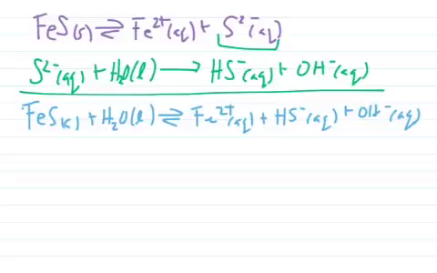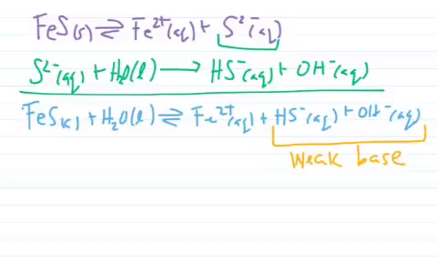So because we have two anions that both came from water, which was a weak acid, these are weak bases. That means by the definition, if we increase the hydronium, we have a lower pH. That means our solubility is increasing.